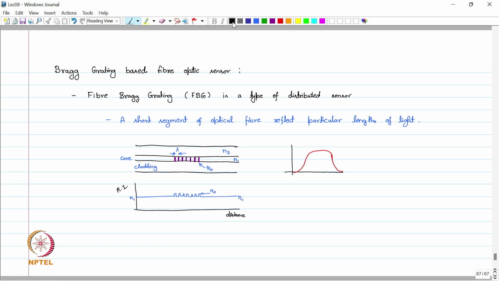On the x-axis we have the wavelengths we send into this optical fiber. So we send a band of wavelengths right from very low to very high, and on the y-axis we have the power which we send. So this we can call a spectral response.